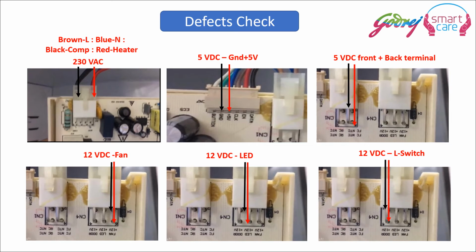Here 2 pins each are for the door switch, the LED lamp inside the refrigerator, and the 12 volt DC freezer fan. We can check the voltages going out from the main PCB to these 3 areas across the 2 pins of each of these 3 outgoing wires.